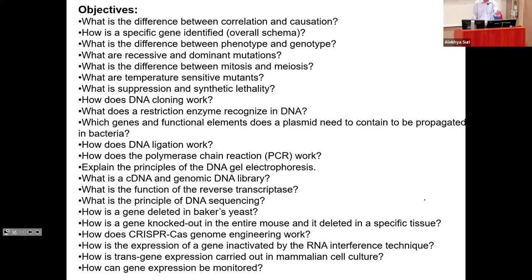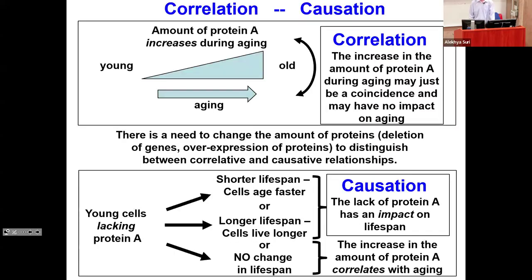I don't want to read this, but I'll go through highlights on each slide. So the first thing is why we want to study genetically modified cells or organisms. Why do we use that?